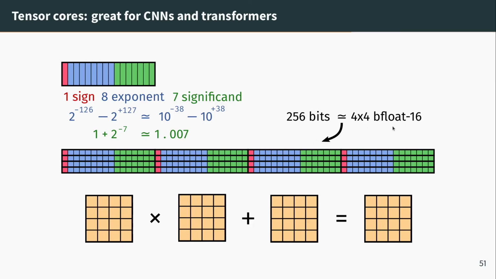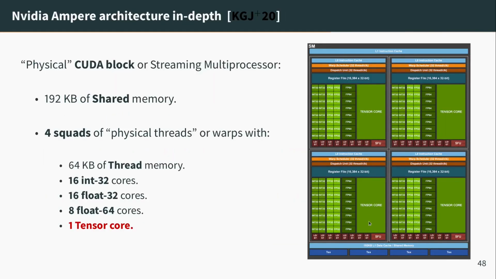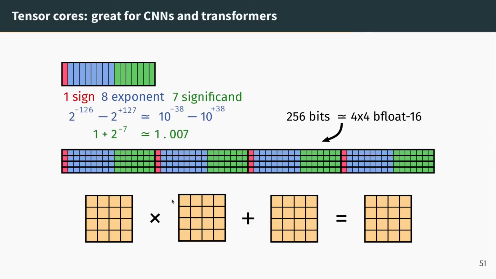And so realizing that, the people at NVIDIA decided to add new chips, new circuits that have to be used by all the cores in the same squad together, but that perform a matrix multiplication with those kind of low resolution matrices in 1 unit of time.